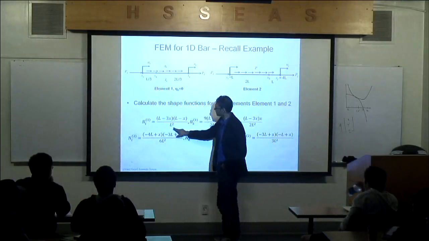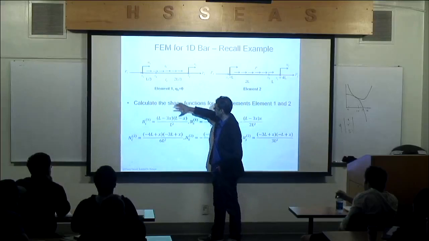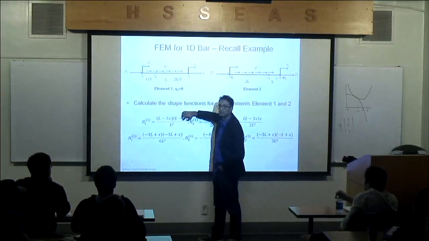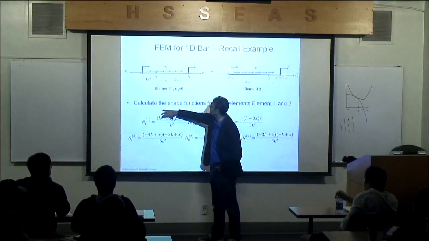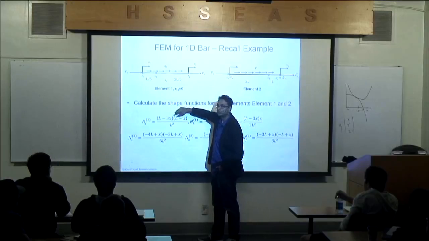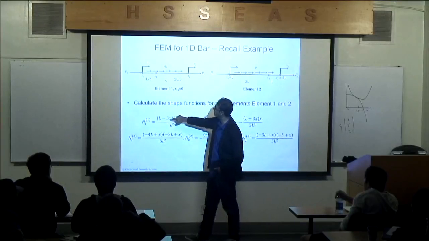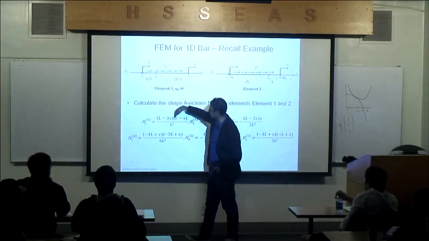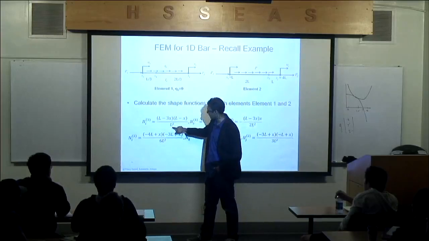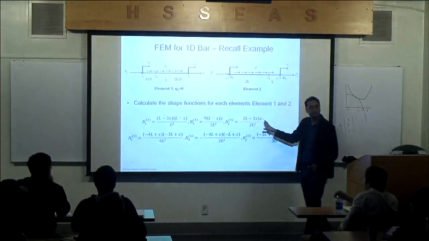So we must have this be 0 at this node and that node, and to do that, we came up with what these polynomials need to be, so that when I substitute these values here, it goes to 0. But then we also came up with a coefficient for this shape function so that when I substitute x equals 0 in here, I get L squared. So then I have to put an L squared, so I get 1 as a ratio. So we talked about that process.